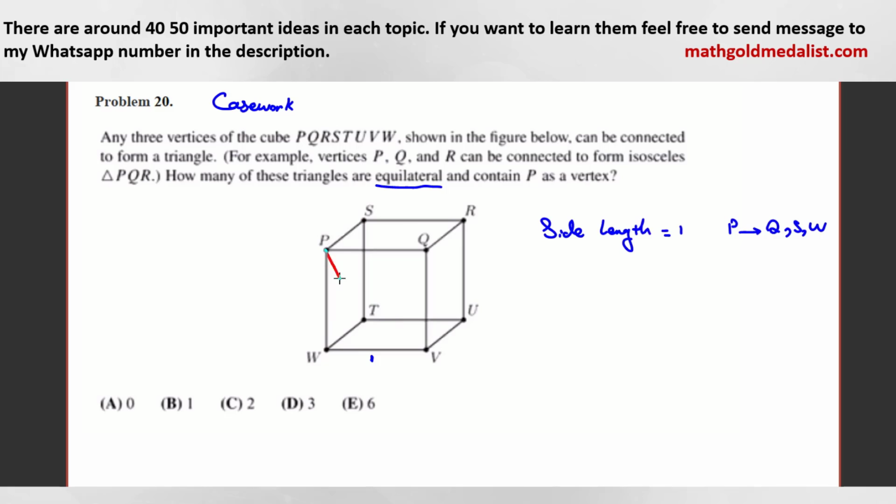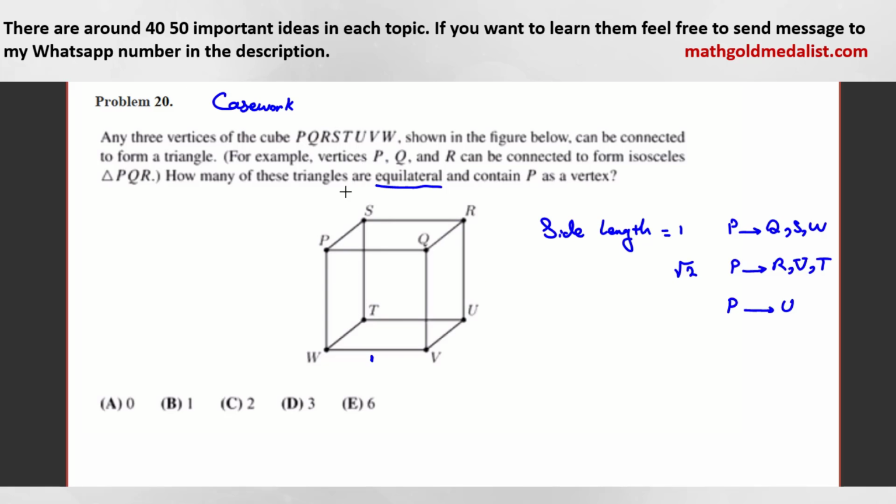If we connect P to, for example, V, or T, or R, it will be root 2 by Pythagorean theorem, 1, 1. So it can be root 2 if we connect P to R, V, and T. And if we connect P to U, the distance is what?